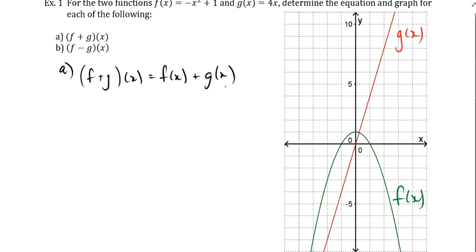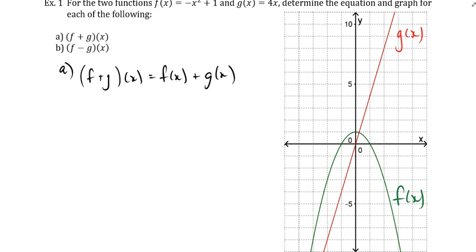That's what that notation means. And f at x plus g at x is the same as g at x plus f at x. Same thing. That might seem like a weird thing, but it'll be important in a minute. So it doesn't really matter which one's which.